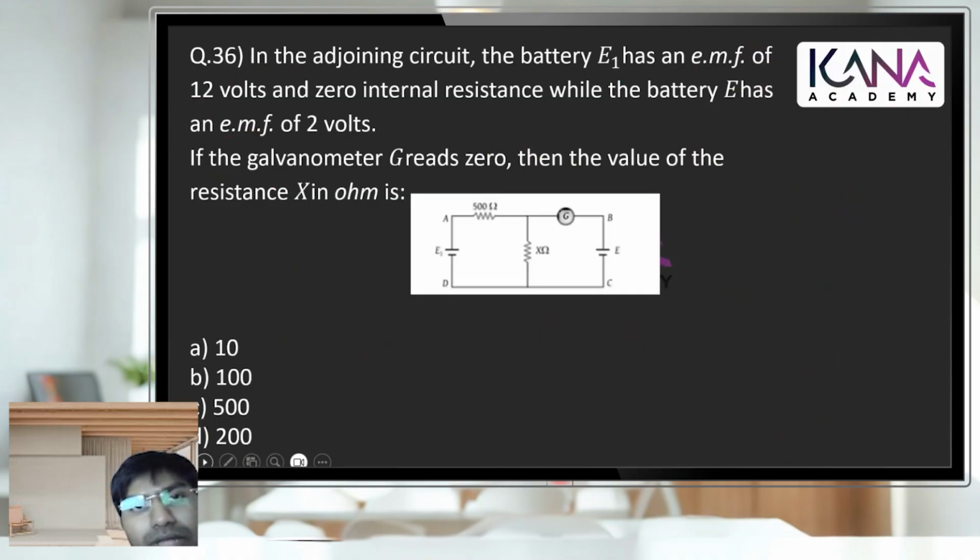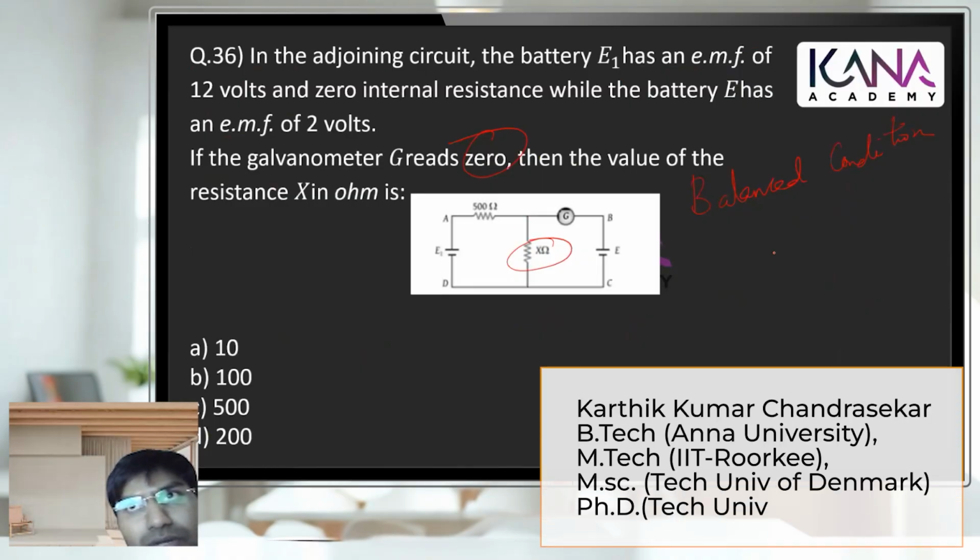So the galvanometer reads 0. What does that mean? It's a balanced condition. And we need to find this X. So from the balance condition, how will it become, as it is 12 volts, right?